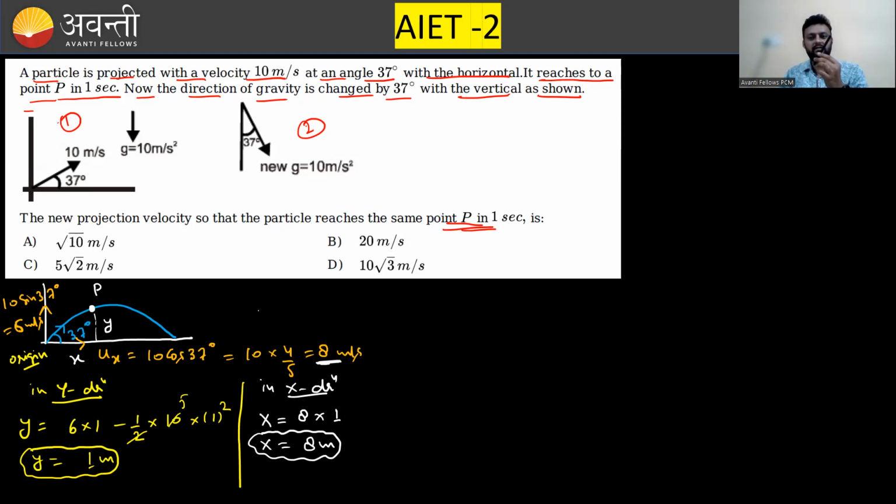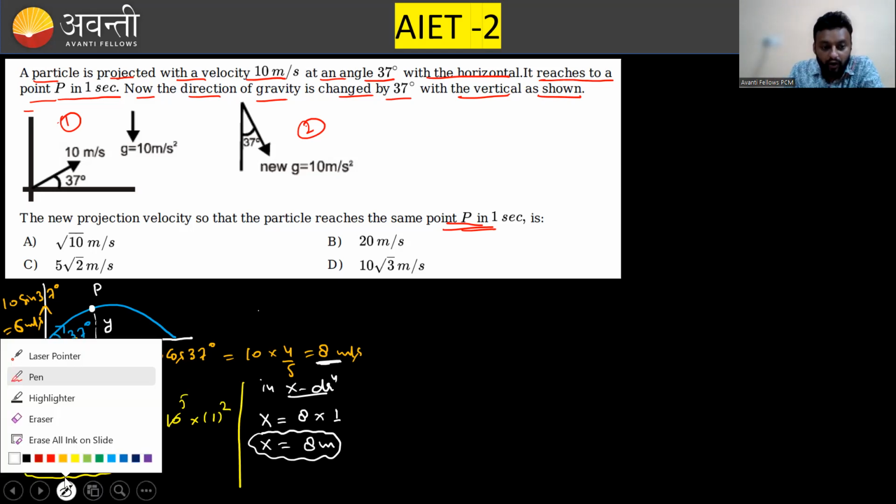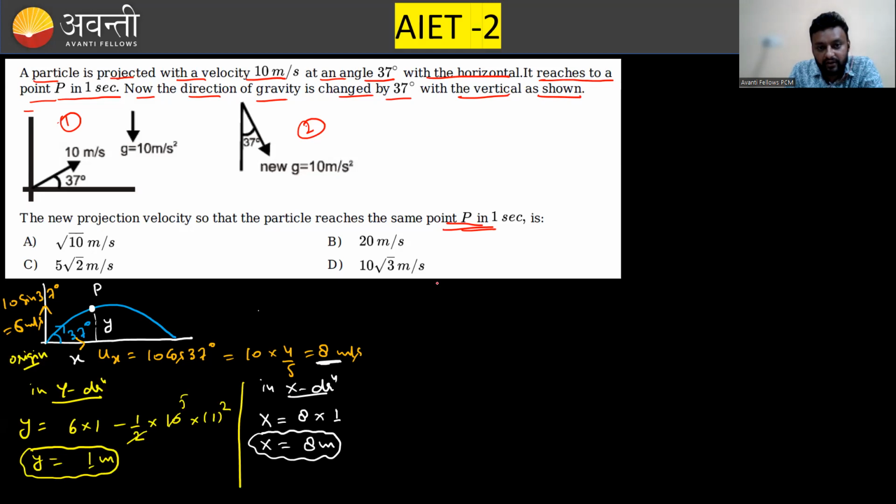Is it in focus? Yes, it's in focus on my face only. So I hope you can see that. If this is not vertical, then there will be a vertical component, y component, and there will be a horizontal component as well. That means this time acceleration will be in both directions, x and y. Clear?